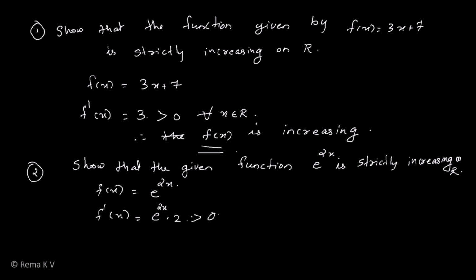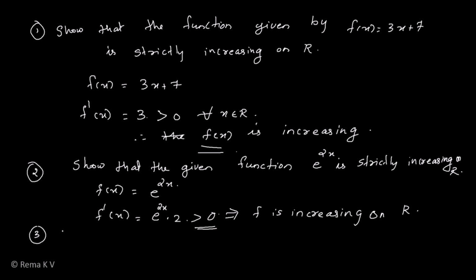That is, f dash x is greater than 0, which implies f is increasing on R. Now let us consider one more example.